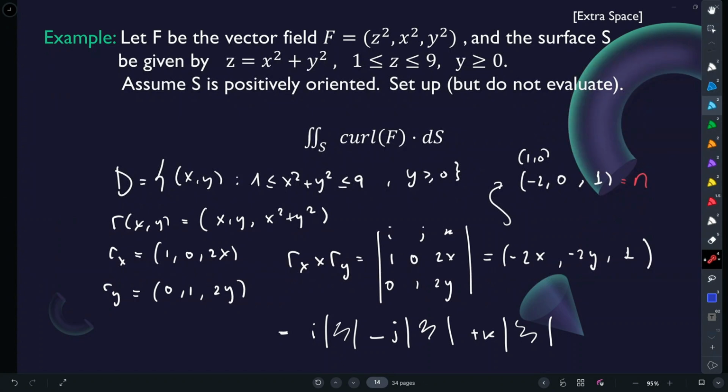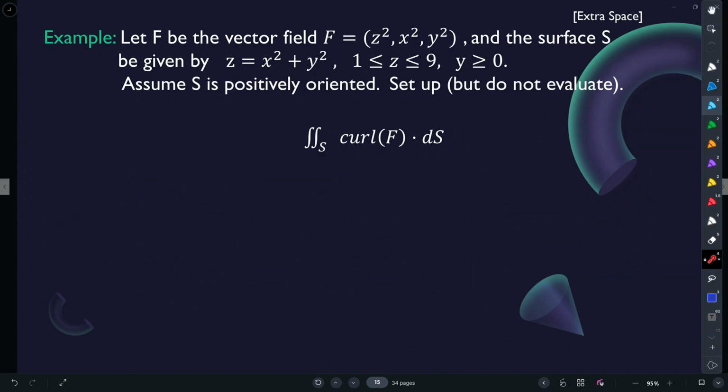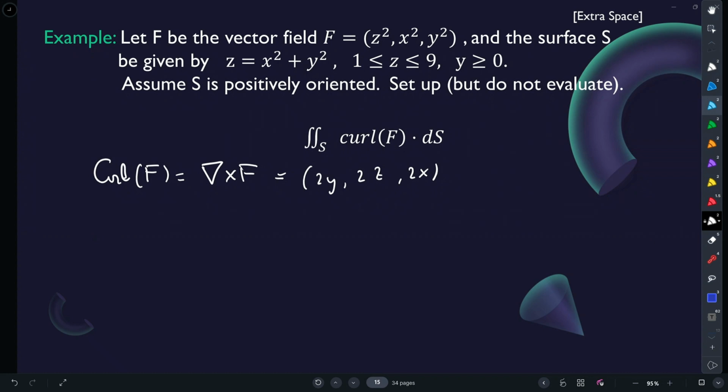So now we're ready to rumble, because now the curl of F is this cross product, which we identified as 2y, 2z, 2x, but I have to evaluate it at my parameterization.